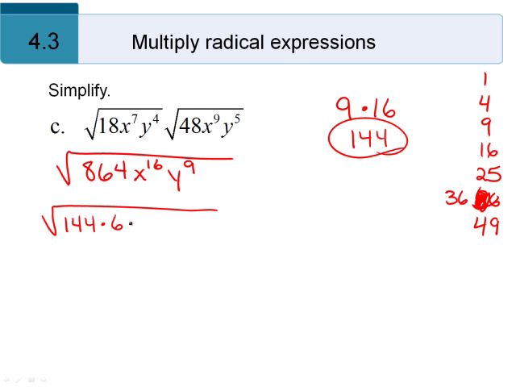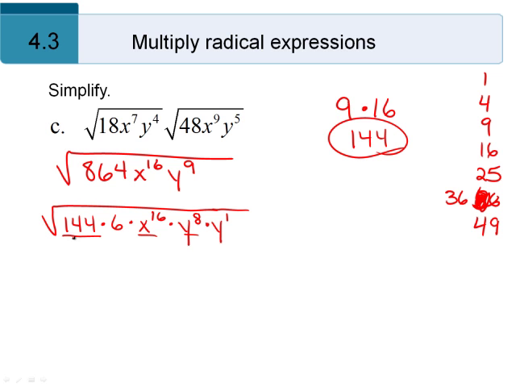Now, the next ones with the variables: x to the 16th is even, so we leave that alone. Y to the 9th is odd, so I have to drop back 1 to y to the 8th and y to the 1st, okay? So now underline your perfect squares. We have 144, x to the 16th and y to the 8th. So I'm going to bring the square roots of those out front.